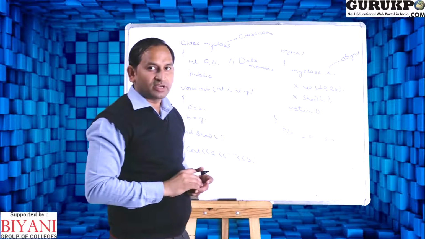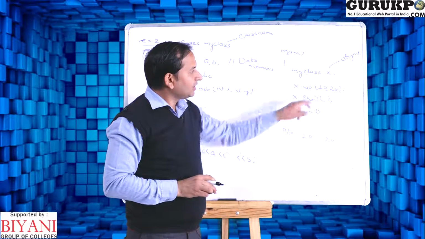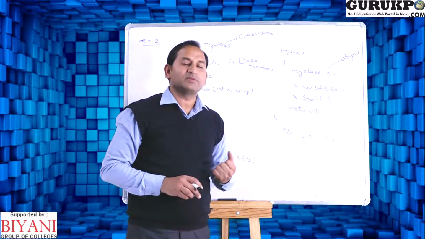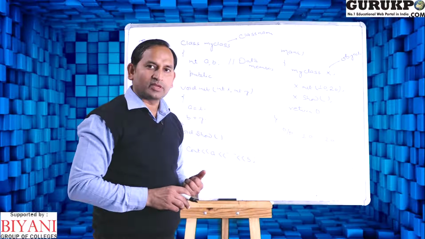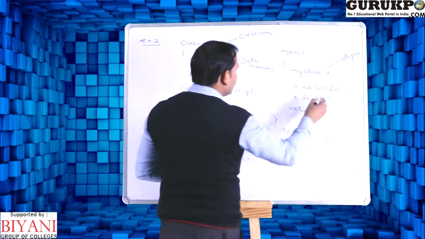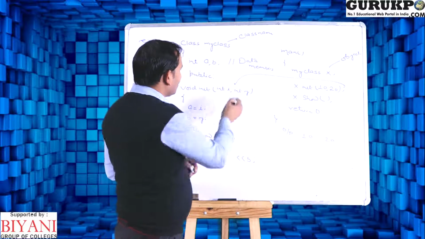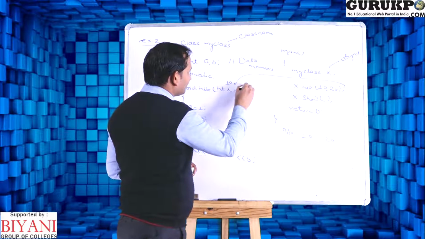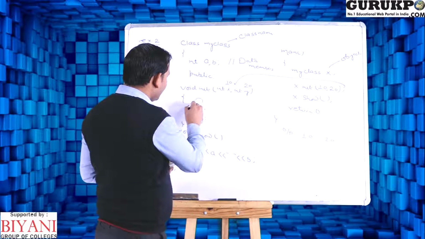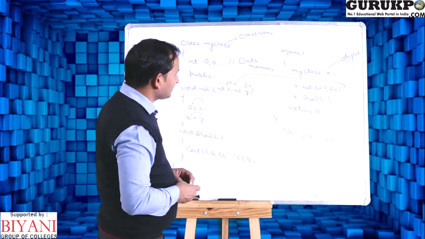And we are calling the init function by using the object name, then the dot operator, x.init, and we are passing values 10 and 20. Every time in C++ we call a member function by using the object name and dot operator. Then control goes here, and the values 10 and 20 pass to i and j. Now, these values are stored to a and b, because a and b are data members of myclass.